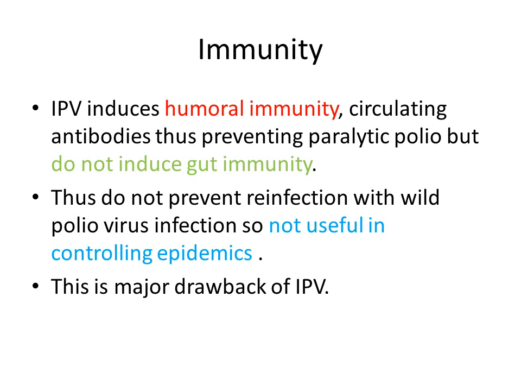Secretory IgA antibody induction is good, but herd immunity is not derived from the injected poliovirus. So it's not useful in epidemics. This is the major drawback of the injected poliovirus.